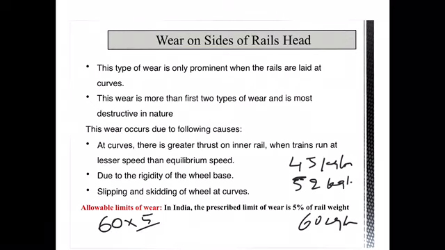So how do you get it for 60? 60 into 5 divided by 100. That will be equivalent to 3 kg. After the rail has been worn out, when you weigh it, if the weight of the rail section has reduced by more than 3 kg, such a rail section has to be replaced with a new rail section, or that wear has to be rectified.